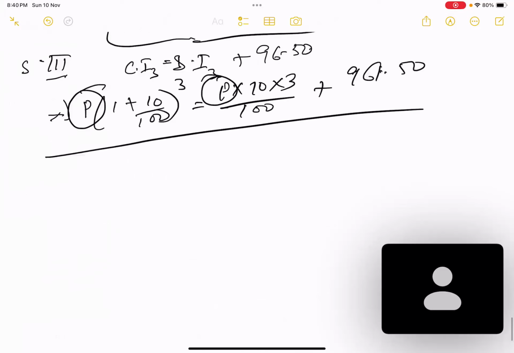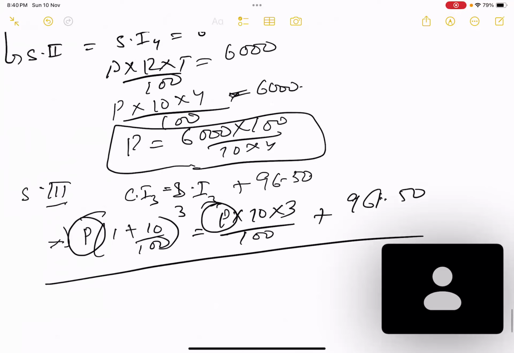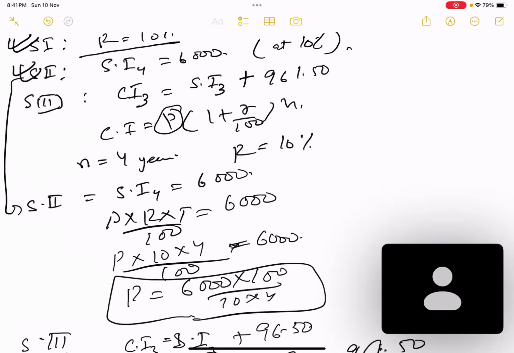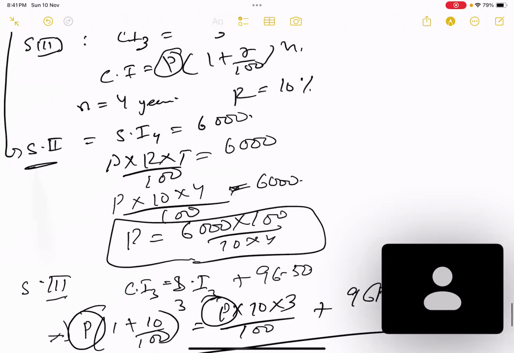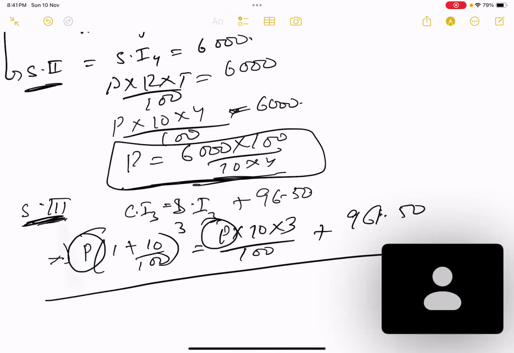From statement 1, we got the rate of interest as 10%. Using this rate of 10% and using the simple interest statement, we find the principal. We already found the compound interest, right? Since principal is the only entity which was missing to find compound interest. Similarly, using the rate of interest as 10% from statement 1 and using it on statement 3, we also found the principal. Okay.